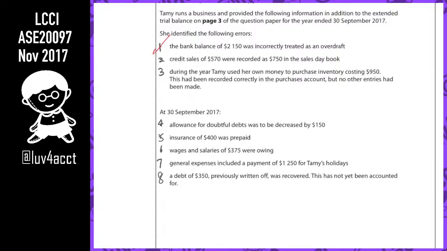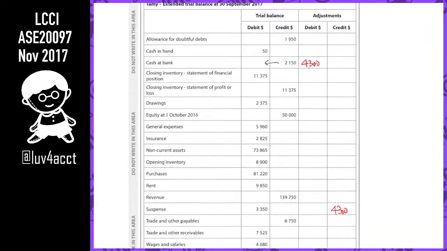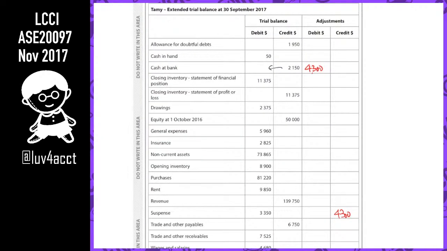Second one. Credit sales 570 was recorded as 750 in the sales day book. So 570 and 750, it is overstated by 180. We should reduce the amount because it is overstated. Go to the sales account first, revenue.